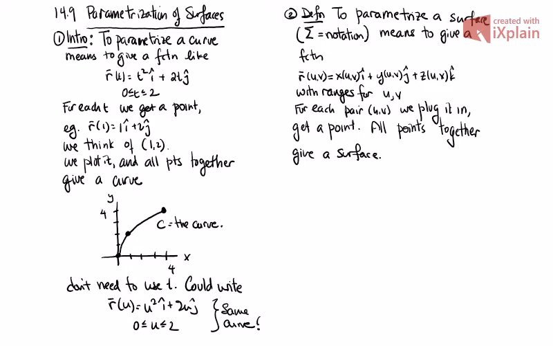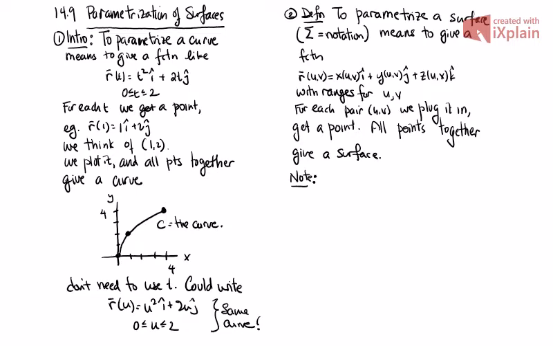Now just one note before we dive into some examples: the u and the v. We never actually use letters u and v. Those are just placeholders. Instead of u and v, we typically use letters that are familiar to us: x, y, z, r, theta, phi, rho.